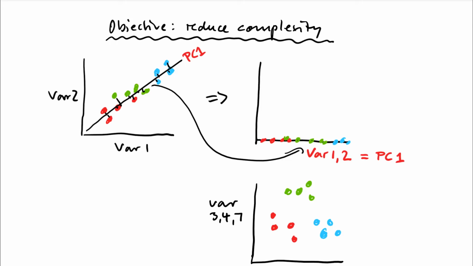And that actually gives me some freedom to plot another variable here. So let's put variable 3 here. So I now have some space in my two-dimensional plot, and I can now locate where those points would be. Maybe now I have something like this.